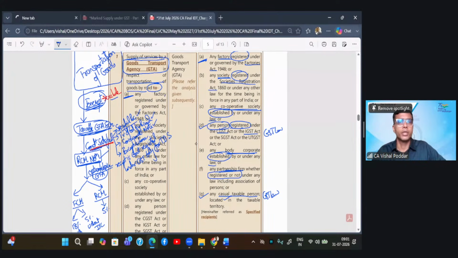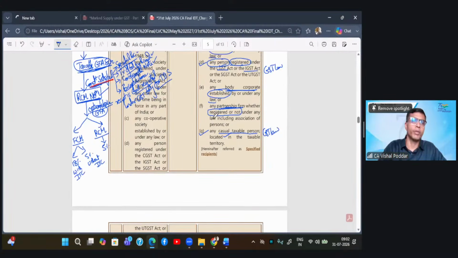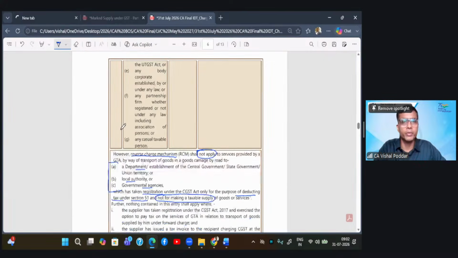So students, whether RCM is applicable or not, we have to test these four conditions. One, the person is a specified recipient, but except government who is registered only for doing TDS; this is excluded. Second, you should be doing transport of goods by road. And third, you are issuing a consignment note. When all these conditions are satisfied, you fall in this list, and once you fall in this list, you are given a choice. I hope GTA RCM is clear to everyone, students.